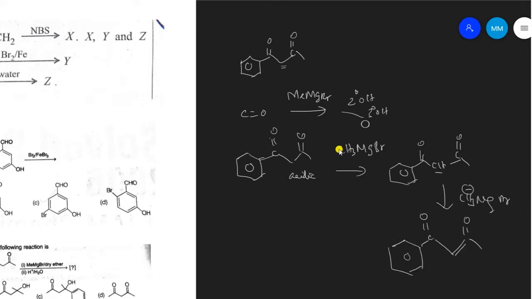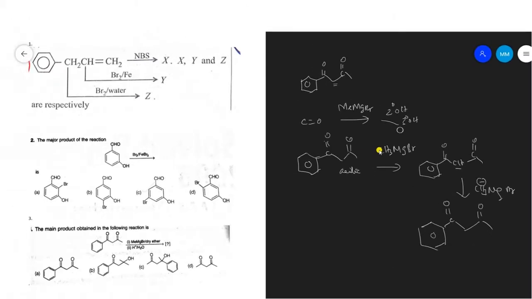Instead of an electron, it is attached to this part, so this electron comes here, giving the OMgBr. Oxygen is added here, and here one double bond is present, and the methyl group is attached.